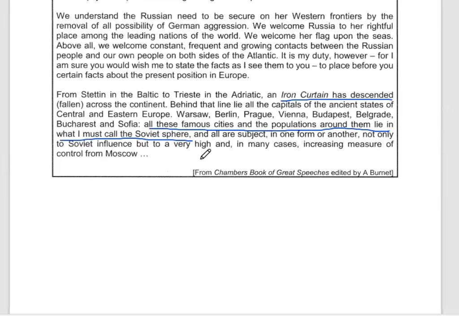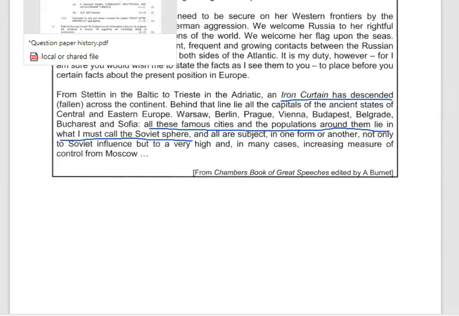It is highlighting those cities in Eastern and Central Europe. And it continues to say all these famous cities and the populations around them lie in what I must call the Soviet sphere. So what is the implication?